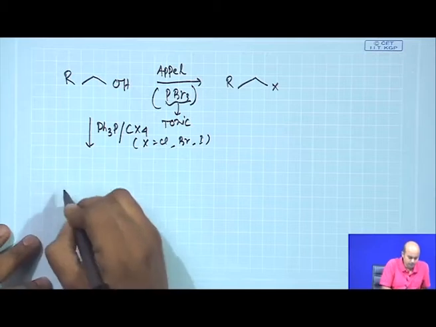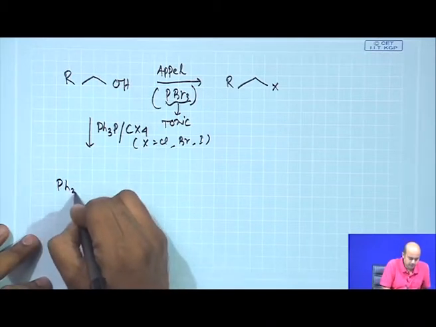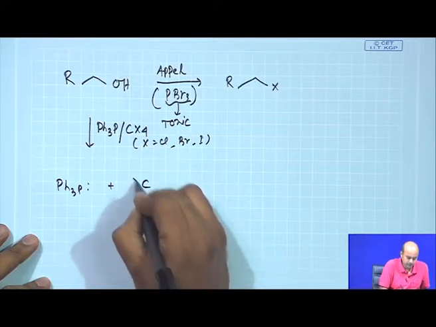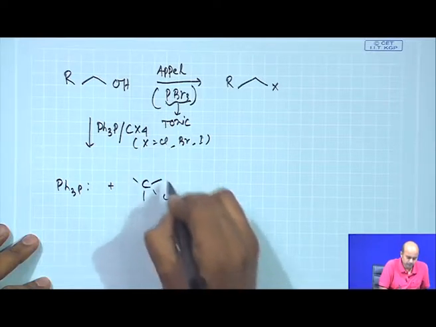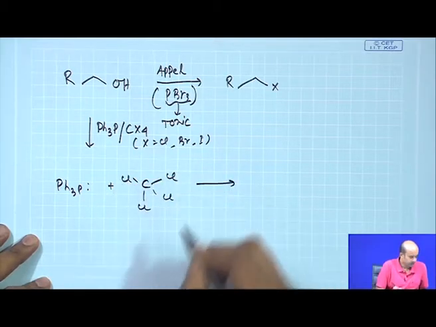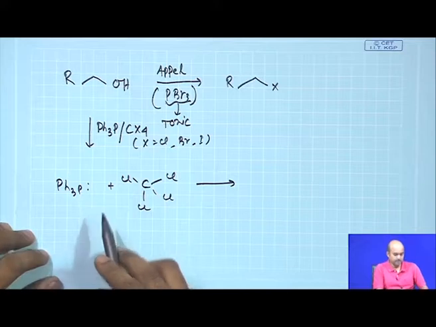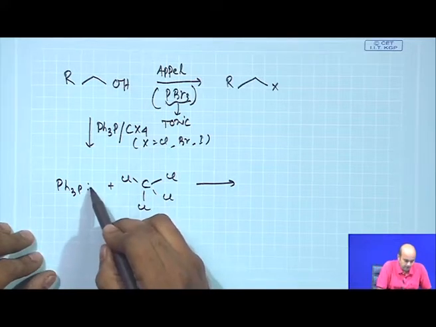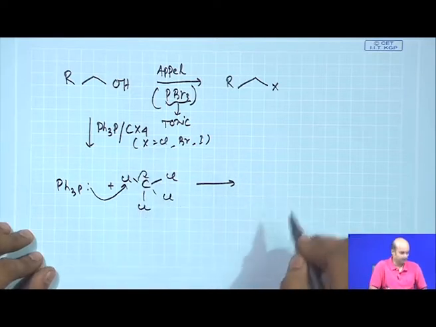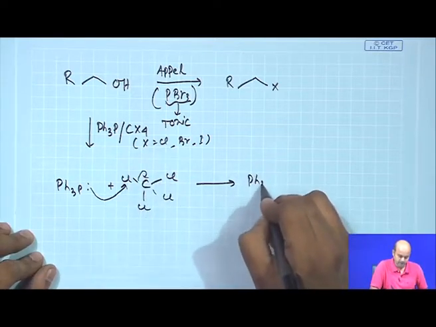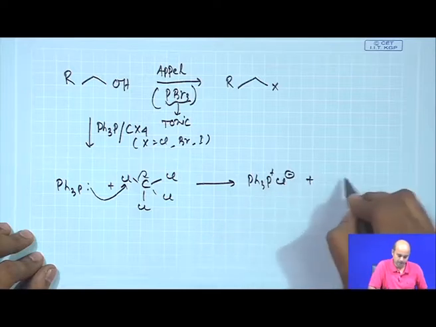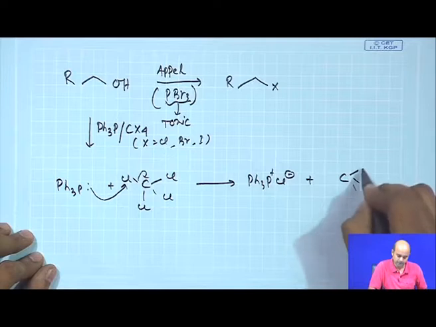The mechanism is very simple: you react triphenyl phosphine plus carbon tetrachloride. I have taken carbon tetrachloride. Initially this Ph3P attacks one of the chlorines linked to this carbon, which gives you Ph3P-Cl plus, Cl minus, plus CCl3 minus.